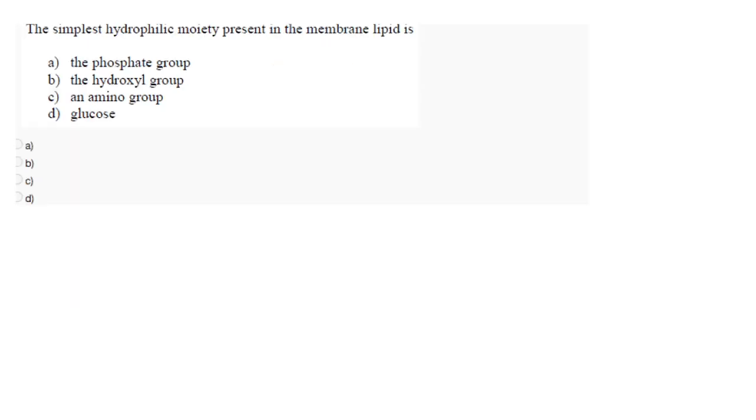And the question: the simplest hydrophilic moiety present in the membrane lipid is the phosphate group, the hydroxyl group, the amino group, or the glucose. So it is the hydroxyl group, the very simplest hydrophilic moiety.